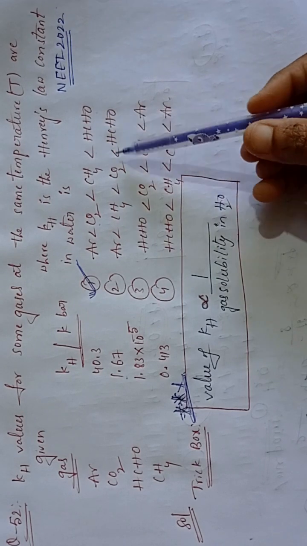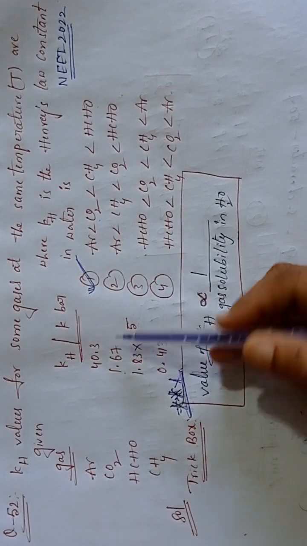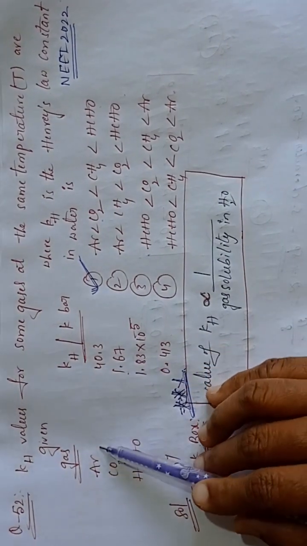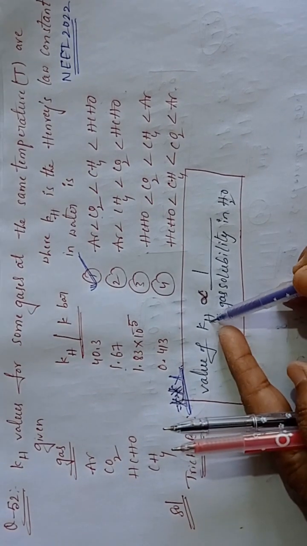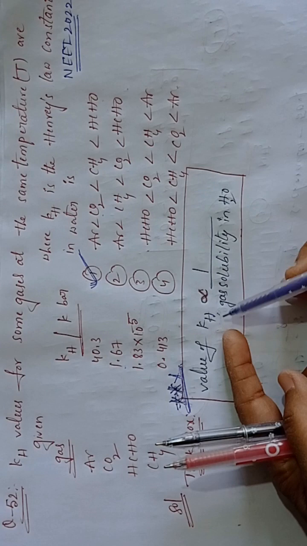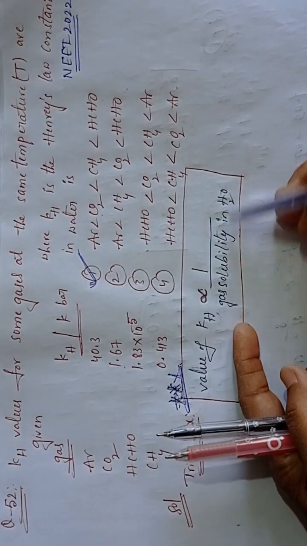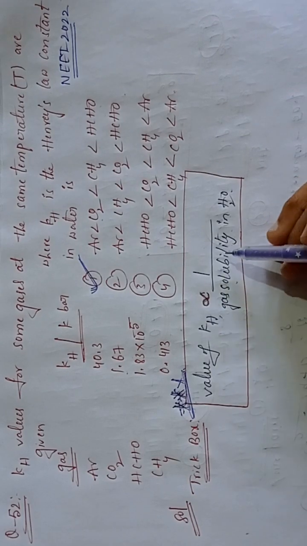Increasing order given means what? Small to big. Small to big is nothing but here argon. Here the KH value should be less, since solubility in water is proportional to 1 by KH.